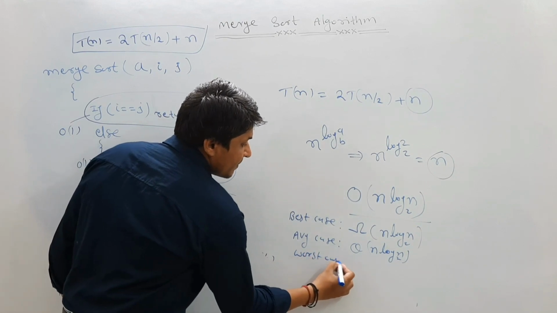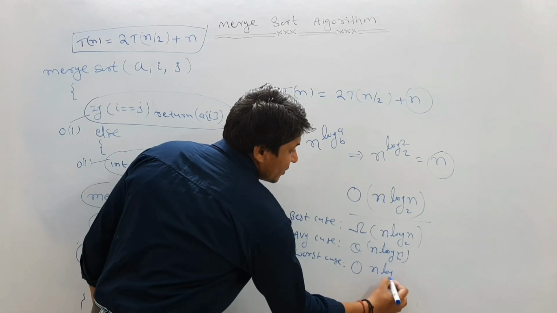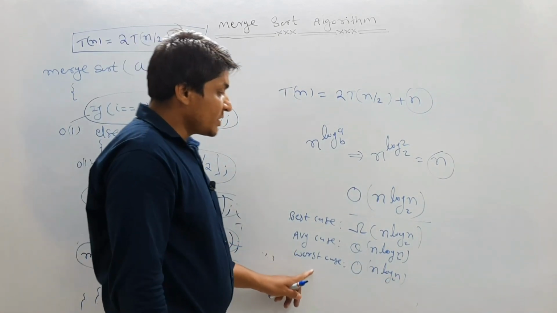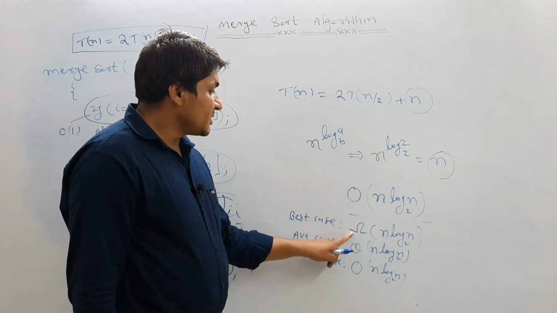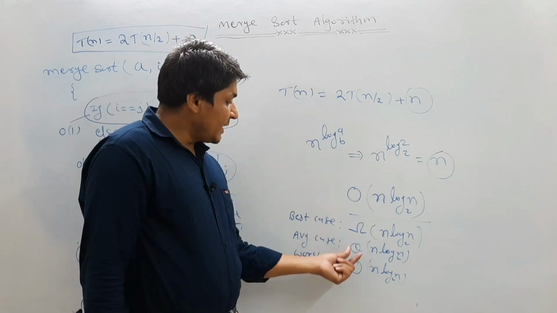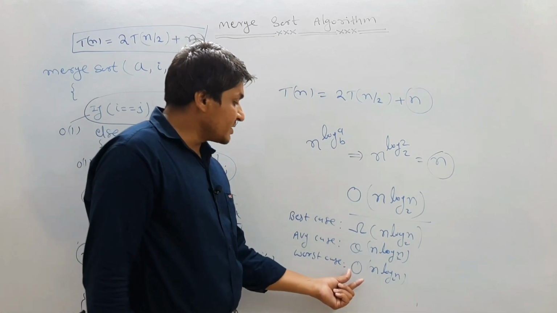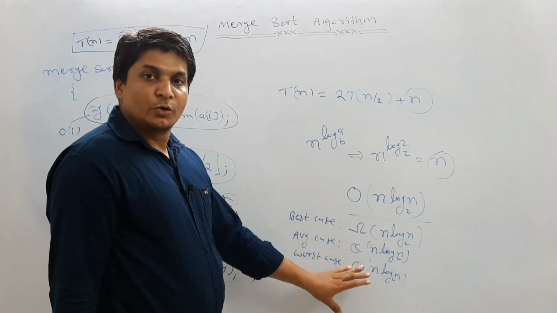Worst case is also big O of n log n. So in every case, best case, average case and worst case, time complexity is n log n. In order to represent the best case, we generally use the big omega symbol, and this is the theta symbol, and this is big O, order of, or you can say big O symbol. So time complexity of merge sort in every case is going to be n log n.